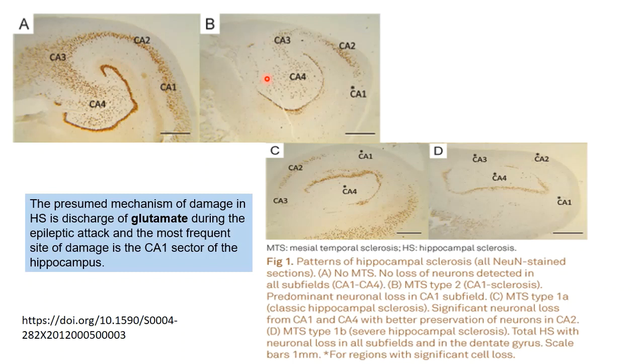In figure B, you have mesial temporal sclerosis type 2, where there is characteristic loss of neurons in the CA1 region. In figure C, what you see is mesial temporal sclerosis type 1A, or the classic hippocampal sclerosis, where there is a significant loss of neurons typically in CA1 and 4.